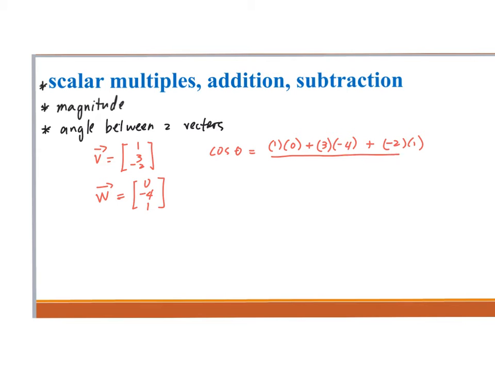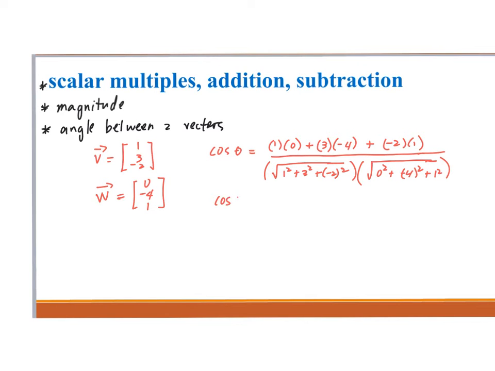It's all over the magnitude of v, which is the square root of 1 squared plus 3 squared plus negative 2 squared, times the magnitude of w, which is the square root of 0 squared plus negative 4 squared plus 1 squared.